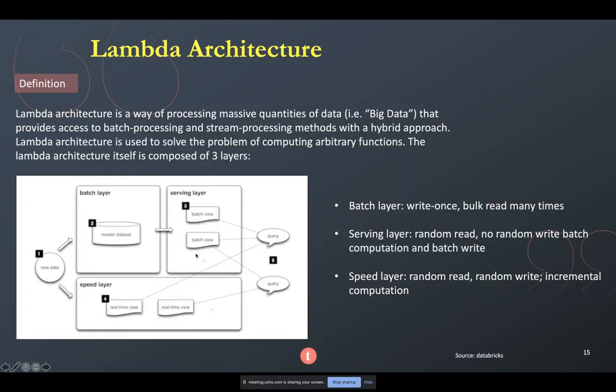This is why the Lambda architecture separates what is called the batch layer, the layer that contains all the historical data, from what is called the speed layer, the layer that contains the real-time, high-velocity data.